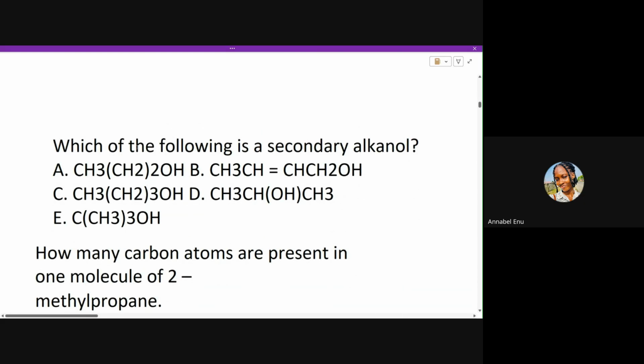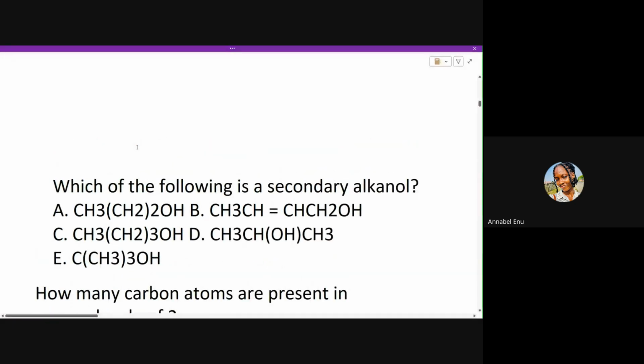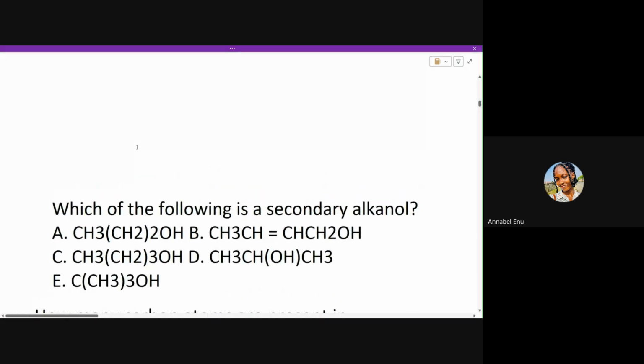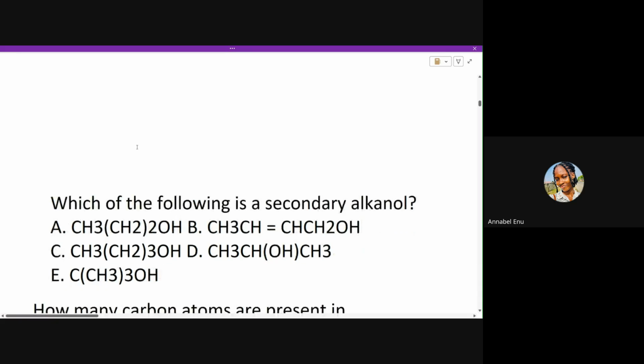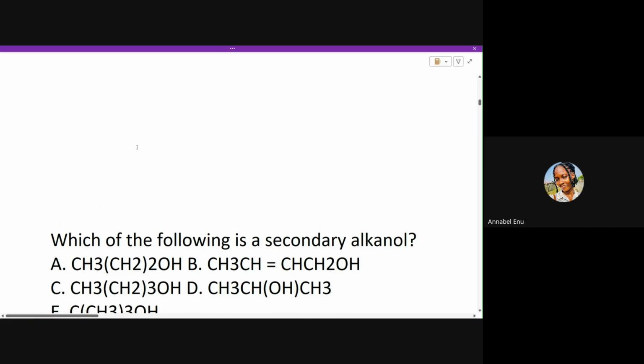Now, we know what alcohols are, right? Structures with OH group. Now, this question is asking which of these is a secondary alcohol.